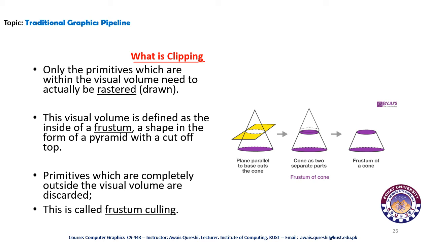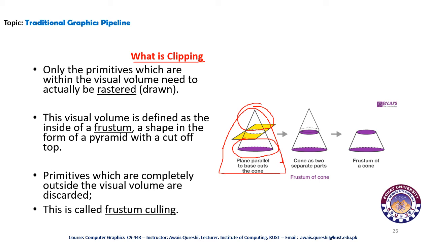This is the first part of the image, and this is the second part of the image. Okay, so it is a frustum, a shape in the form of a pyramid with the top cut off. So this is a pyramid. This is also a pyramid shape, having the two directions, somewhat similar to a primitive, and having a small circle on its base.